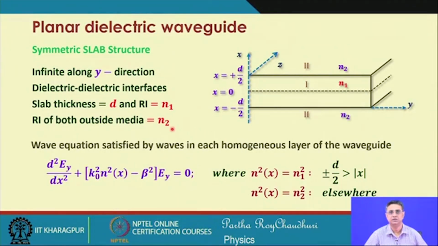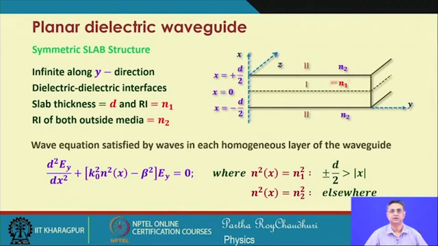So, this is the simplest structure, where you have the refractive index n1 sandwiched between two layers of the same refractive index, n2. These are the two interfaces, so that there are two regions, region 2 and region 1.